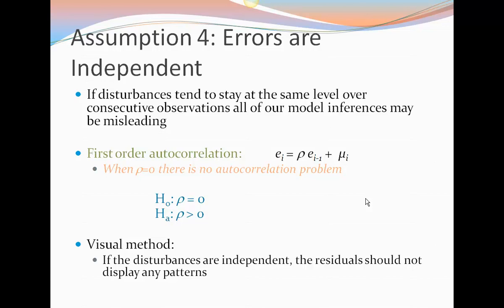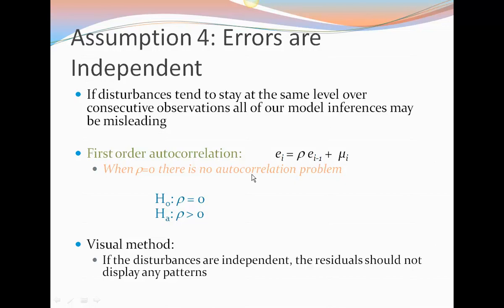But again, the standard errors, the t-values, and hence the p-statistics and the confidence intervals, all of them are going to be off. So the first one we usually test for is first-order autocorrelation. This equation is saying my error is equal to some portion of the previous error.